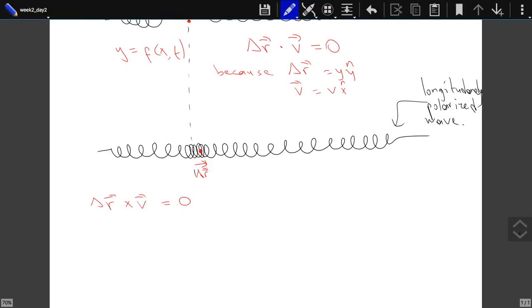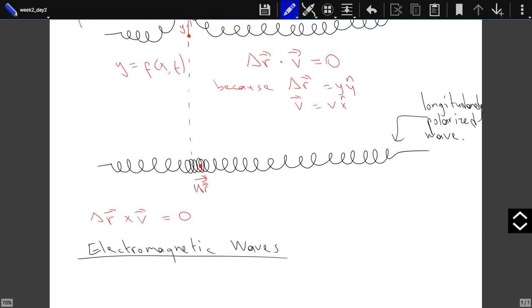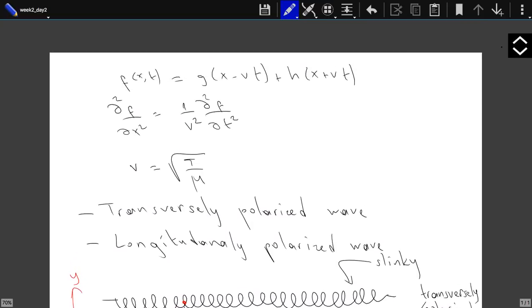Now let's try to apply this to our electromagnetic fields. Well, to be able to say that there is some wave in our system, we have to obtain some expression of this form.